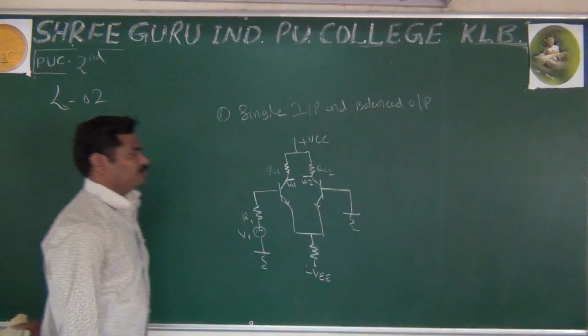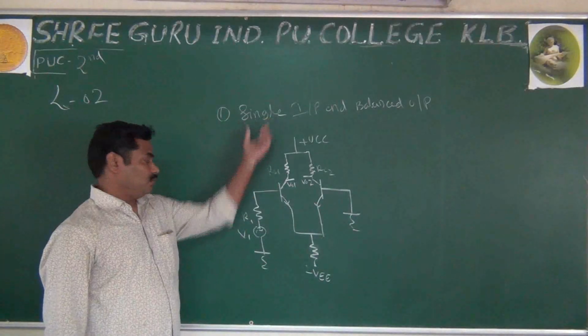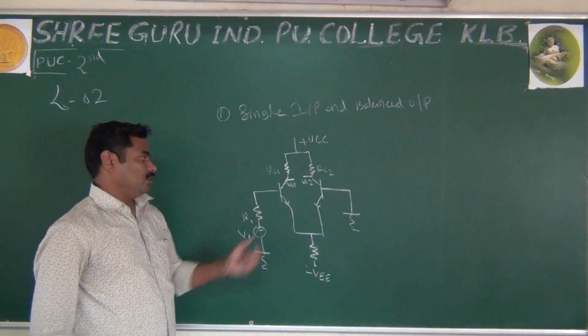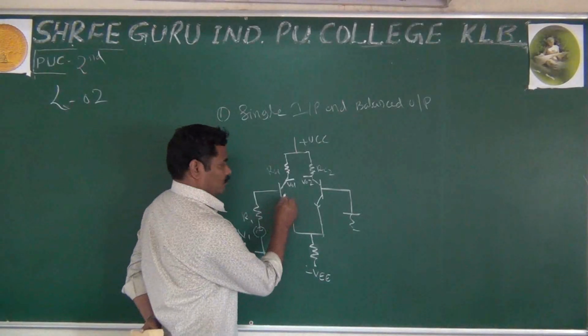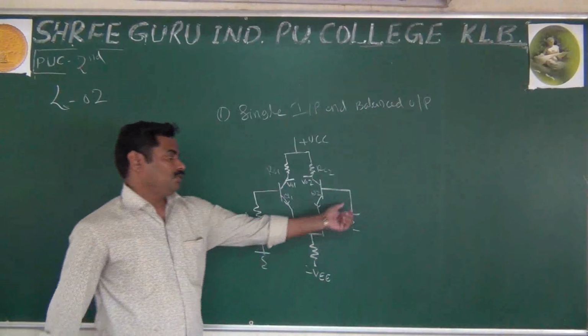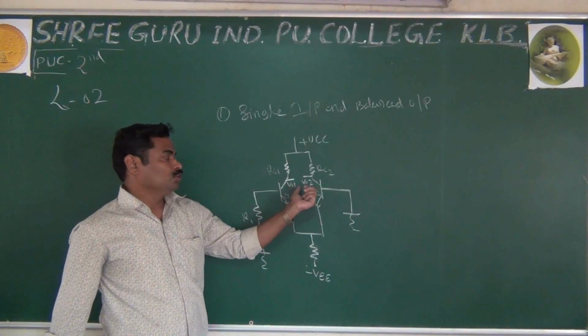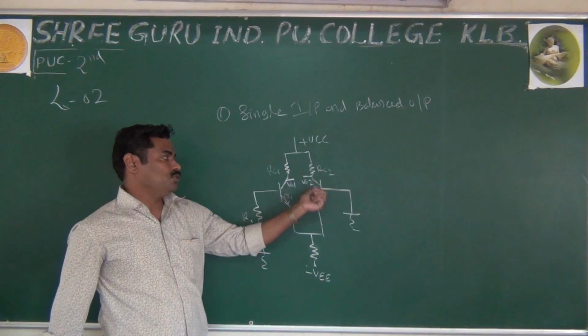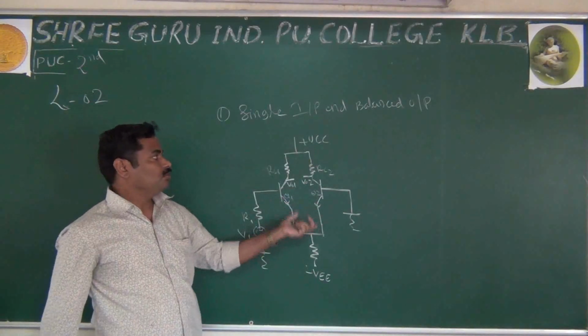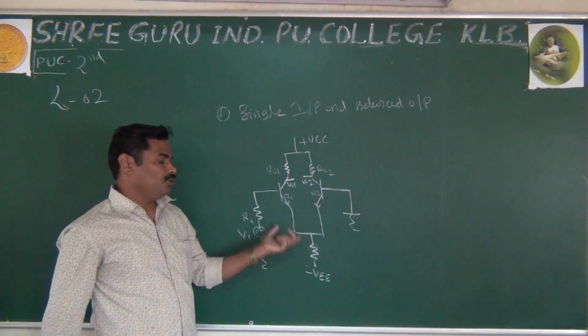This is called single input. You are applying the input only to Q1, and you are not applying input to Q2, which is grounded. But balanced output means you are taking the two outputs, V01 and V02. This is in simple way the single input and balanced output differential amplifier.